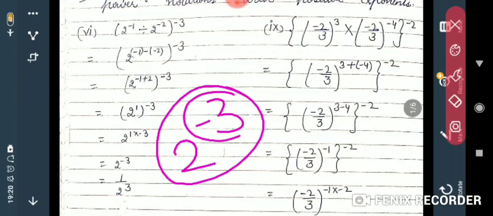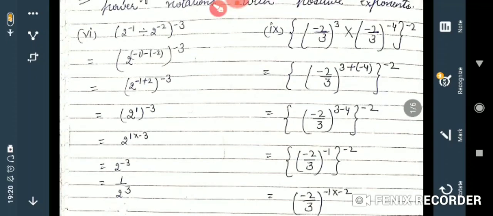If I have to change this power to positive, what will I do? I will take the reciprocal: 1 upon 2 to the power 3. As the question says we have to leave our answer in power, the answer will be 1 upon 2 to the power 3.